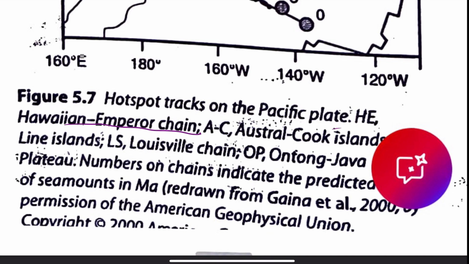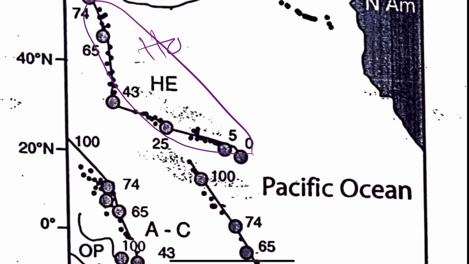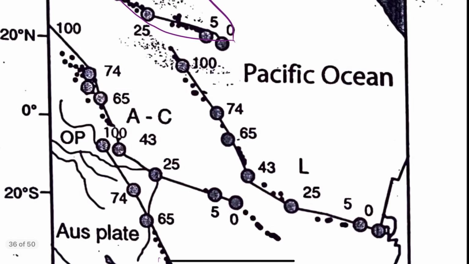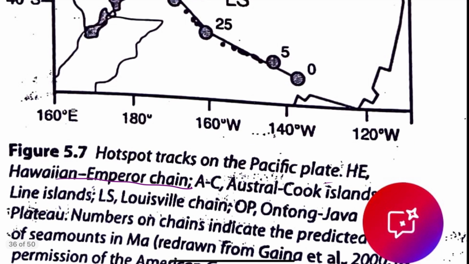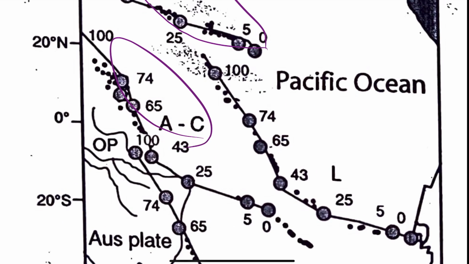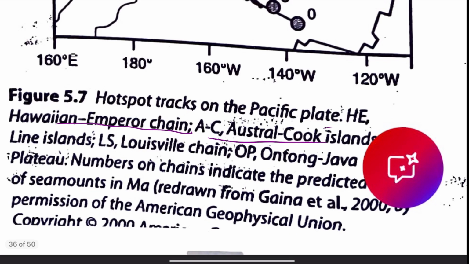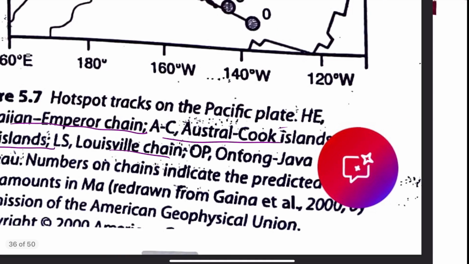Hawaiian Emperor chain, HE. This is the Hawaiian chain of volcanic mountains. Then AC, Austral Cook, AC here, this one. These are the volcanic chains, the Austral Cook volcanic chains. And we have Line Islands, LS, Louisville chain, OP.